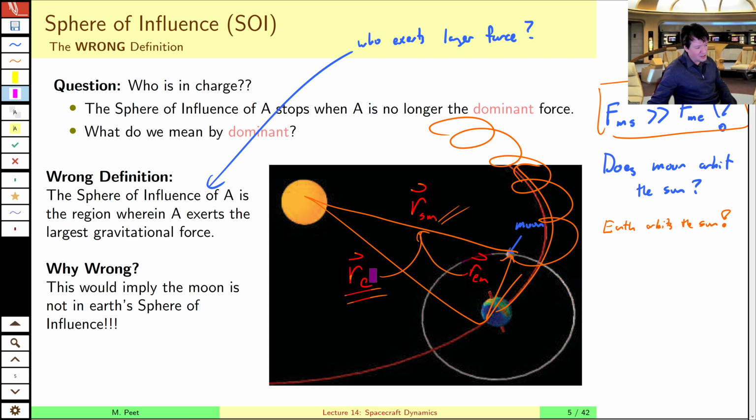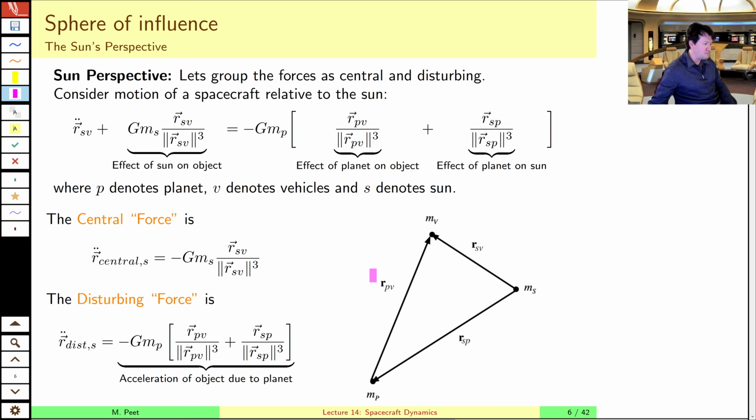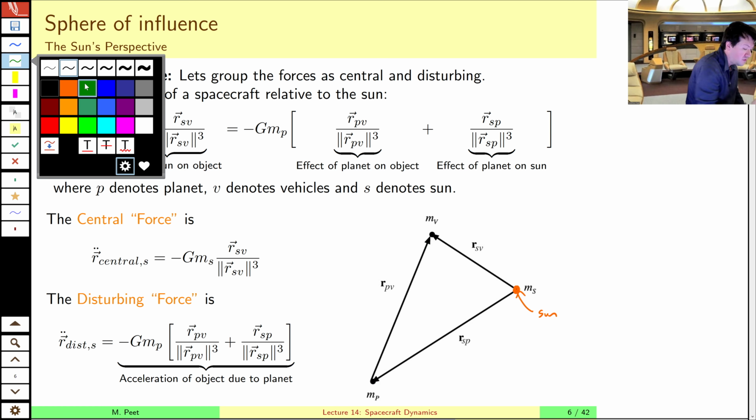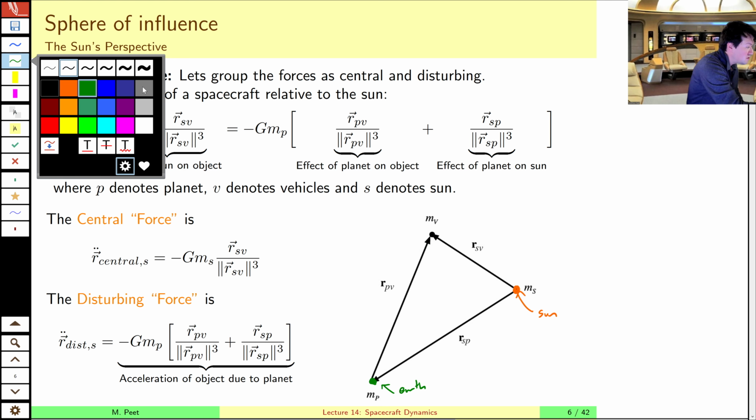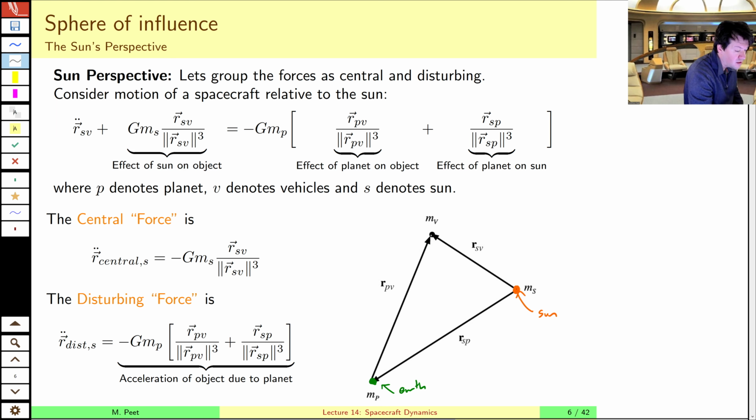So let's get to the mathematics a little bit more. So here's the picture. Here's the sun. Here's the Earth. And why not? Let's make this the moon.